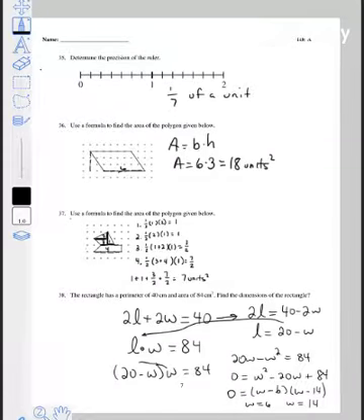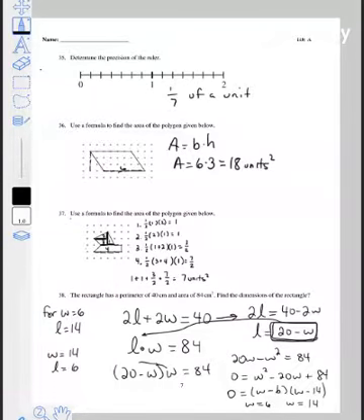So we know the length right here is 20 minus the width. So if we have a width of 6, the length would be 20 minus that, which is 14. Or if we had a width of 14, the length is equal to 20 minus that, which would be 6.